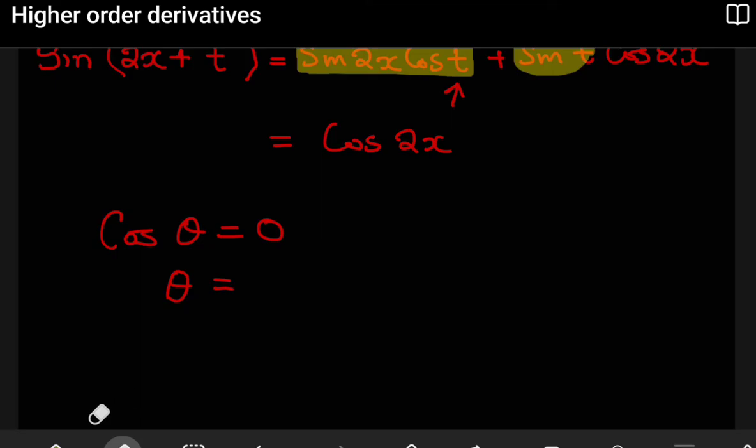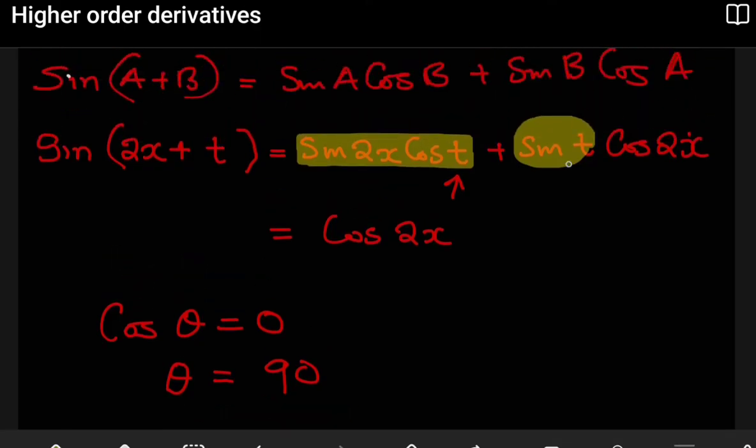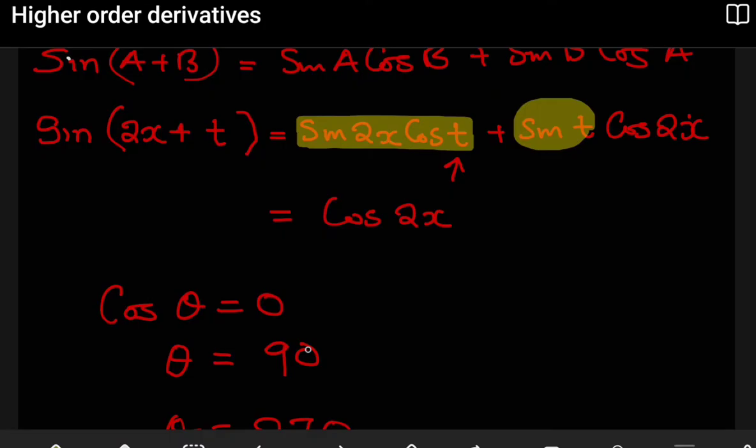It will also give you 0 at 270 degrees. But if you used 270, sine 270 would be negative 1, and here we want positive 1. So we're going to go with pi over 2, which is 90, because we know sine 90 is 1.